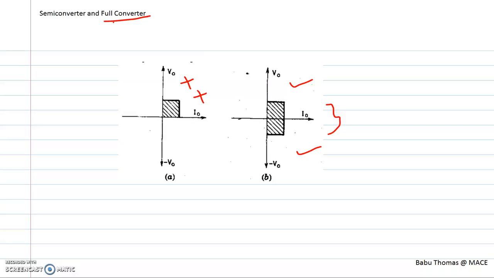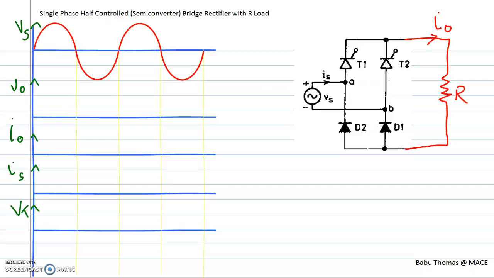All these discussions are somewhat the same as with the full converter. The only difference is that we are using two diodes in place of the two thyristors in the lower half of the system. So now we have two thyristors and two diodes, T1 and T2 and D1 and D2. Four devices are there, of which two are SCRs and two are diodes.